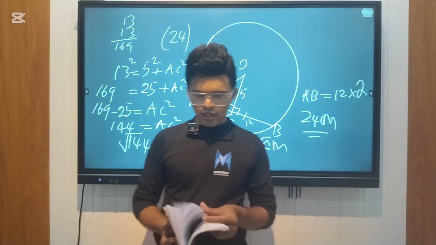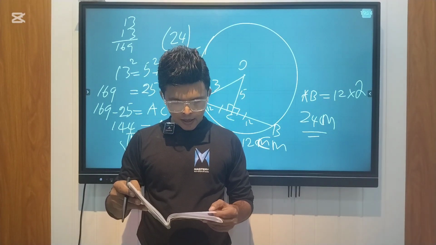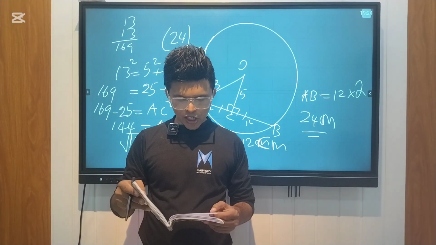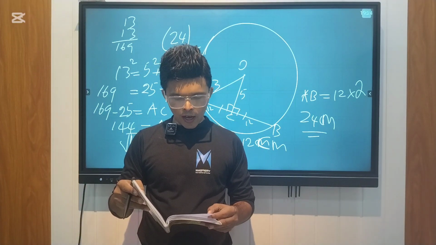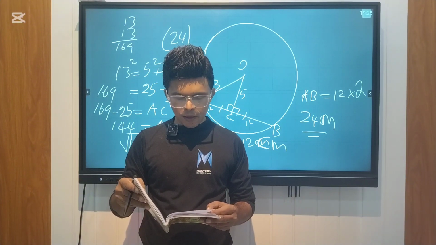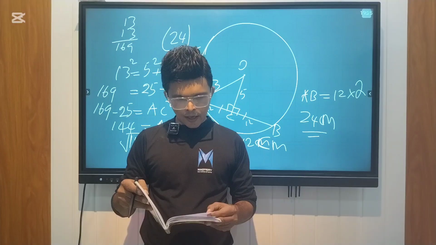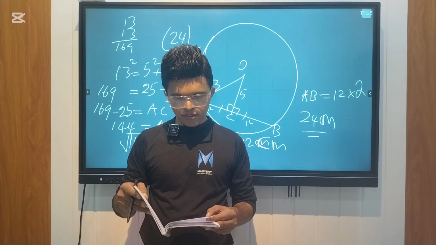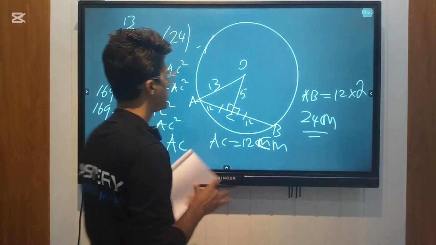The last question of this first paper is a construction question. We need to draw a locus. We need to locate a point P that is equidistant from the lines AB and AD, according to the question.